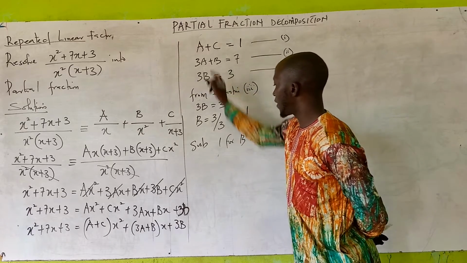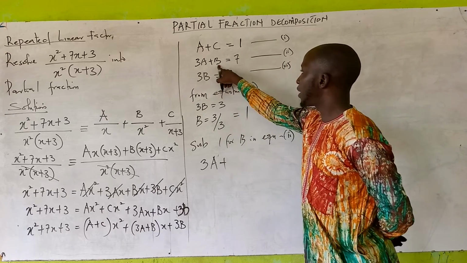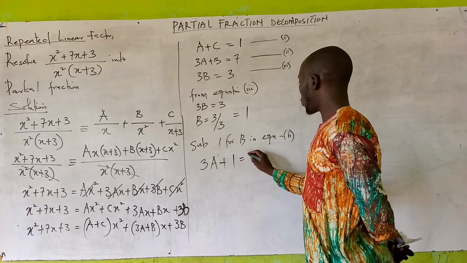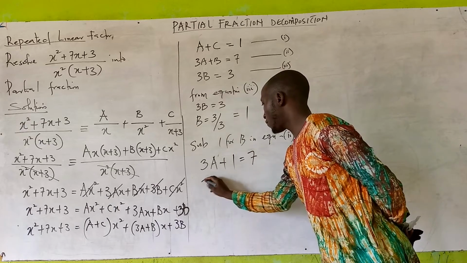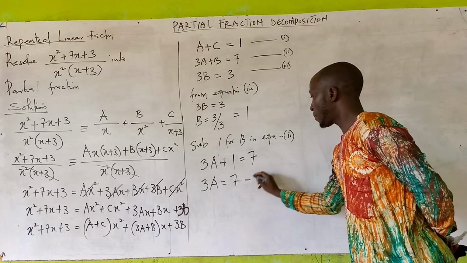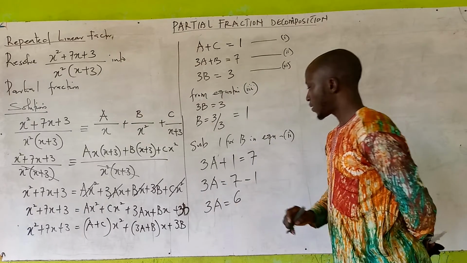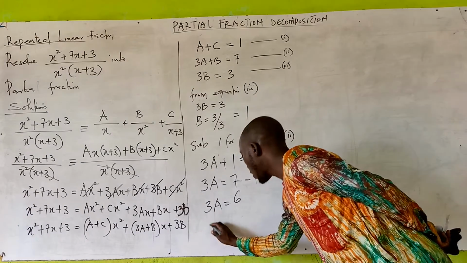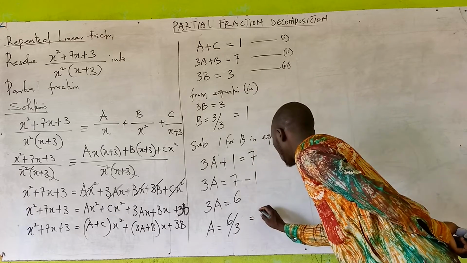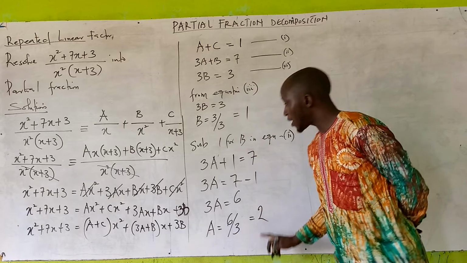Equation 2 is 3a plus b, and instead of b I write 1, so 3a plus 1 equals 7. Here we have 3a equals 7 minus 1, therefore 3a equals 6. Making a the subject, a equals 6 divided by 3, therefore a equals 2. So we got the value of b as 1 and the value of a as 2.